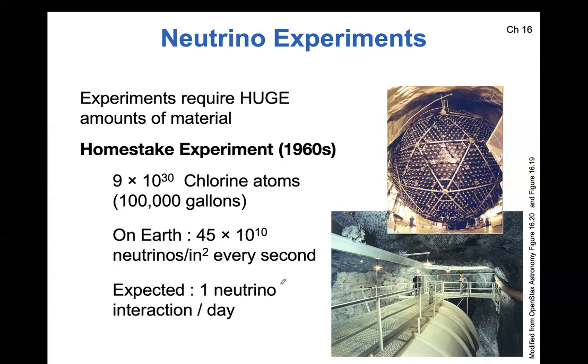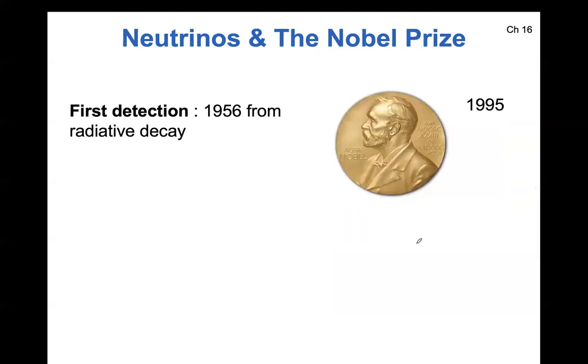Well, you multiply that by the number of seconds in a day, and you get one that interacts with any matter, period. And then what are the chances of interacting with this small tank? Sure, it looks huge. There's a person for scale, by the way, but small compared to the whole Earth, isn't it? So you have to be very patient.